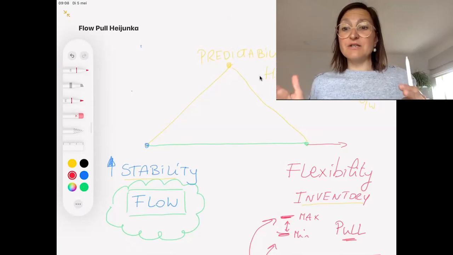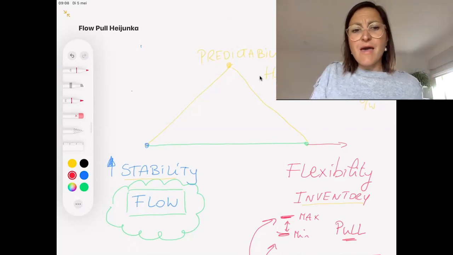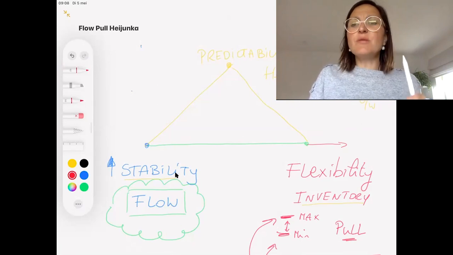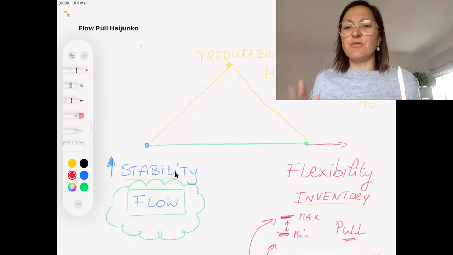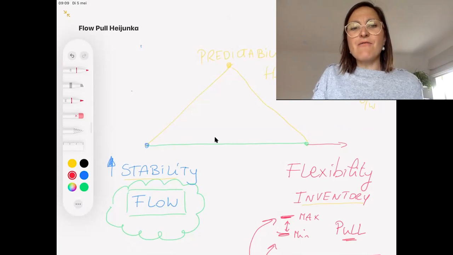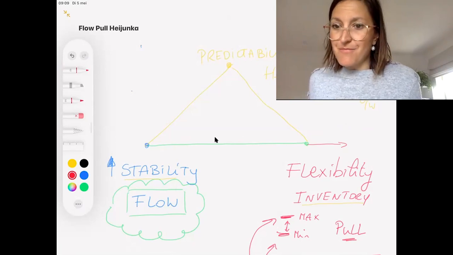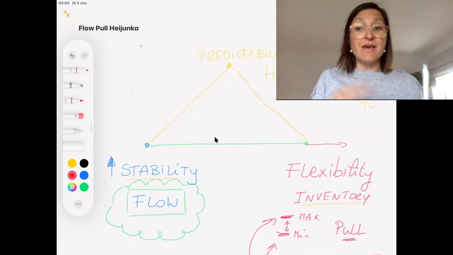I need a fresh pair of underpants every day. So that's super predictable. I can think of a flow system there. And I could do one-piece flow, have just a minimum stock, wash it overnight, have it ready for the morning. Great.